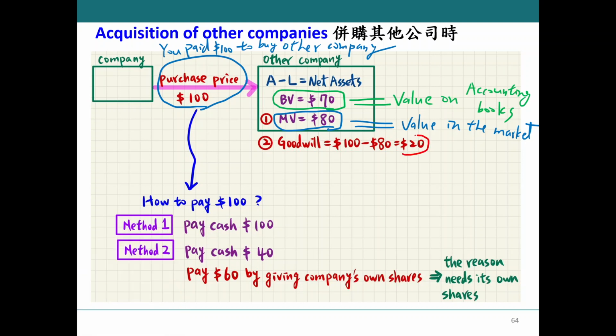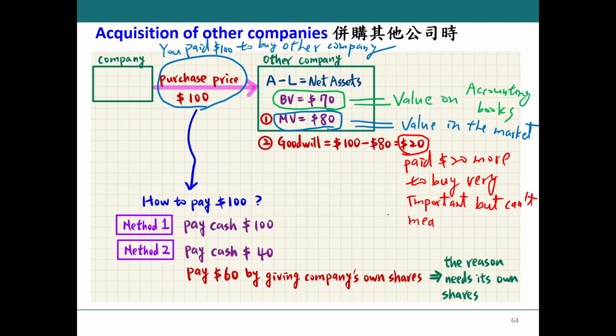So they pay $20 more to buy very important but cannot-be-measured assets. 很重要，但不知道金额。Like what?